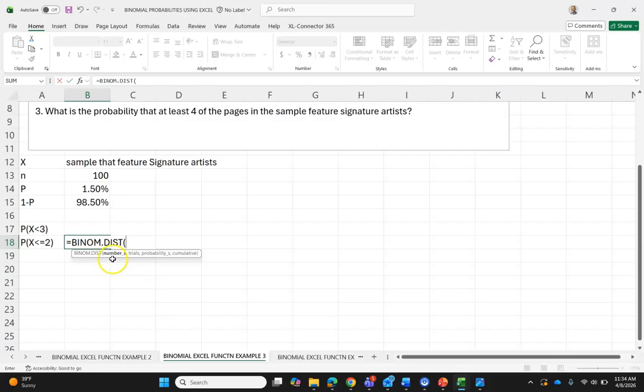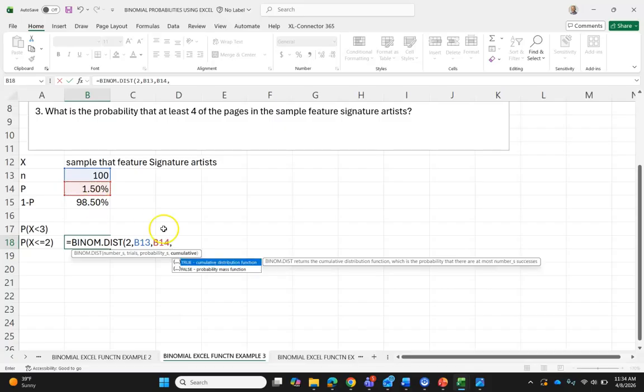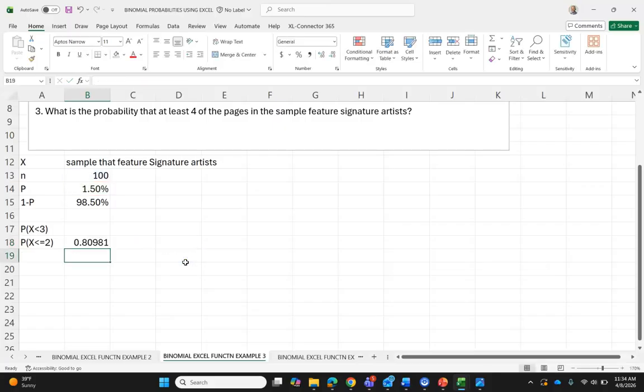We're looking at the number, which is 2, so I put 2 there, the number of trials, which is 100, and the probability of success, which is 1.50%, and then that should be cumulative. So we click on true, close the bracket and enter.